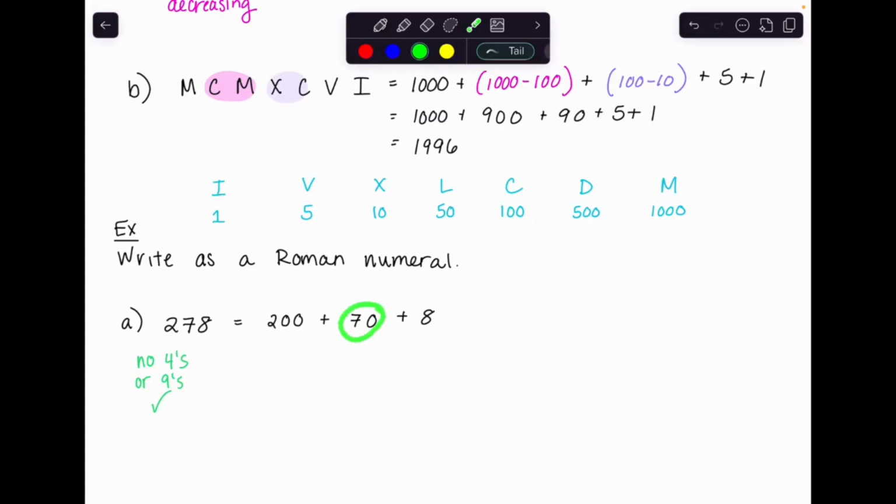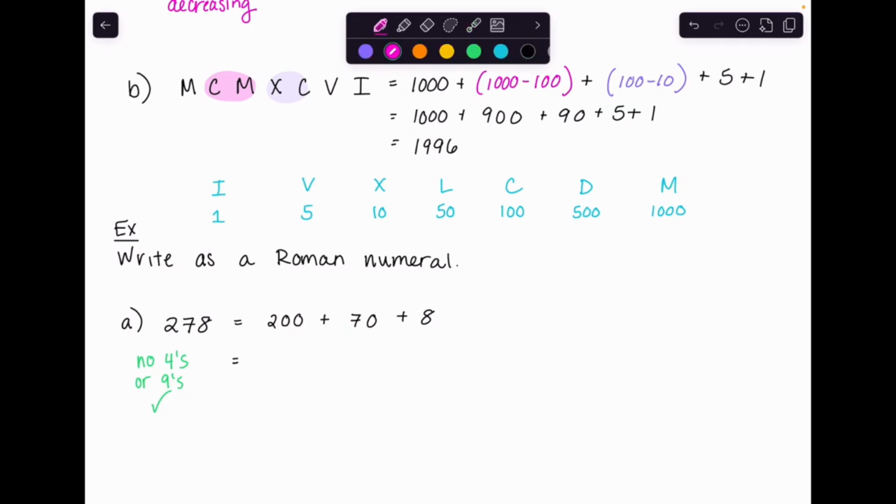However, 70 I can break down further based on 50s and 10s, because I don't want to, again, sit there and write 7 X's. That's a lot. The cutoff is really 3 is the most of any one value you can write. The second you hit 4, you switch over to do that subtraction. So what I really need to do is break that down further.